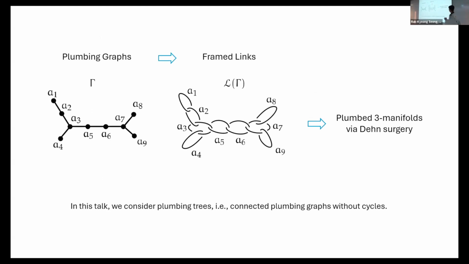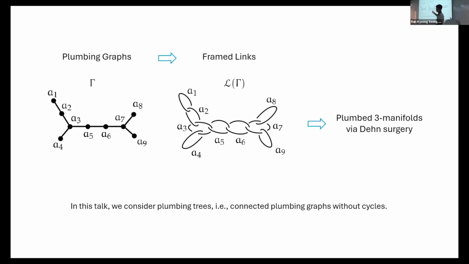In order to introduce some notation, I will briefly introduce plumbing graphs, which are finite, integer-weighted graphs. We have a finite number of nodes and edges, and integer data associated to each node. There is a mathematical way to construct the corresponding three-manifolds from the plumbing graph.